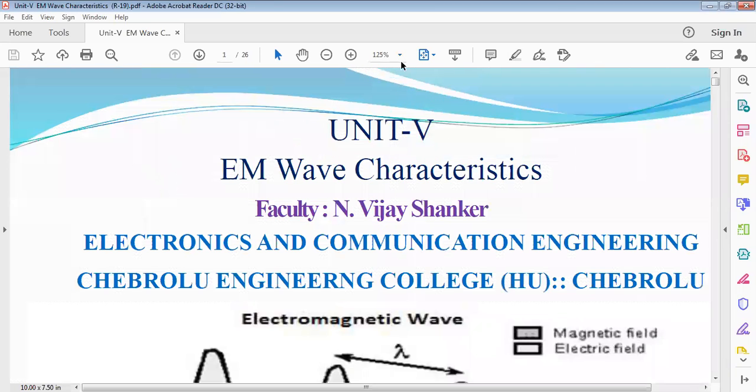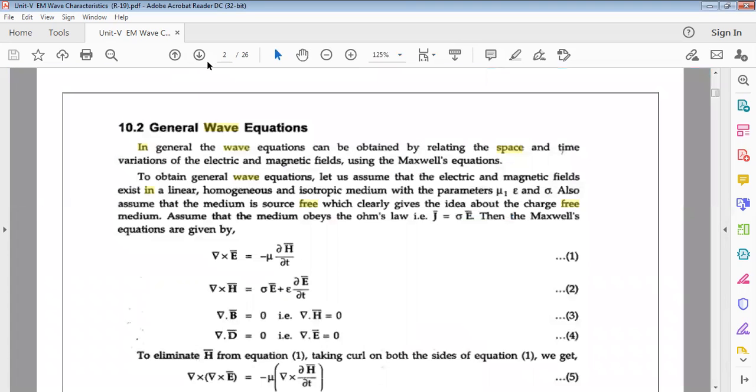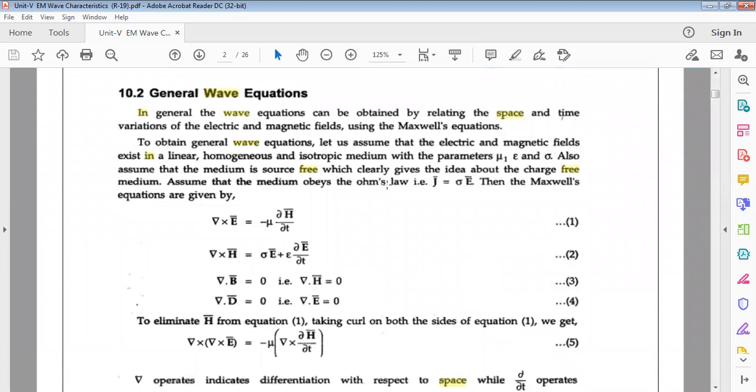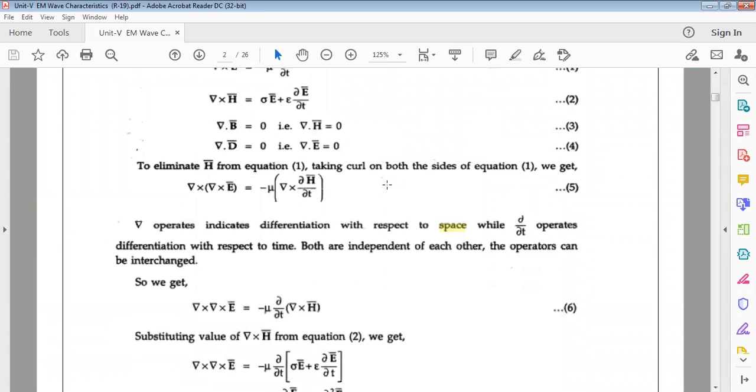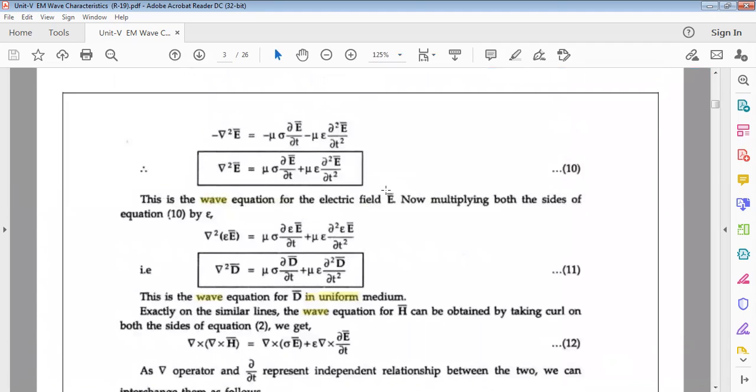In yesterday's class, we derived the wave equations, the general equations for E bar, D bar, H bar, and B bar.